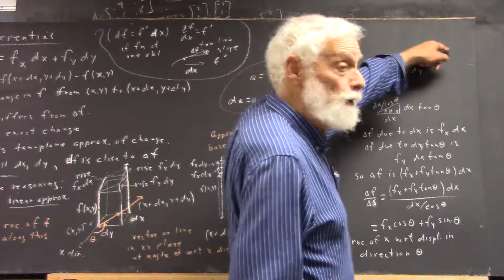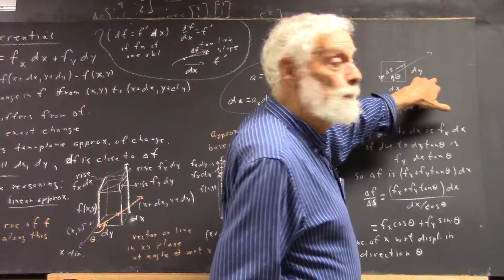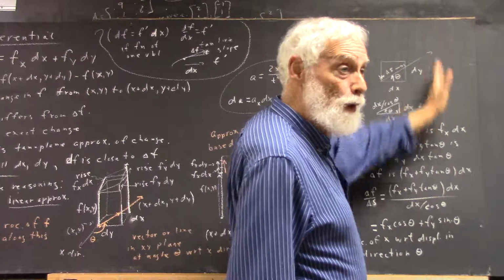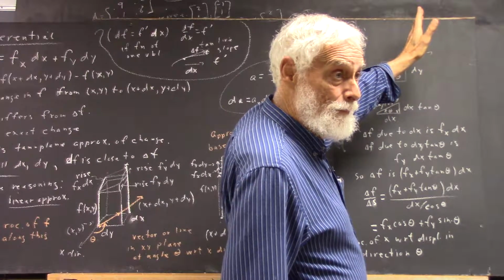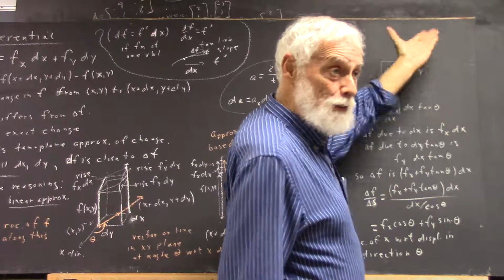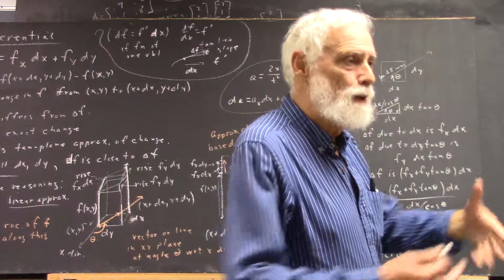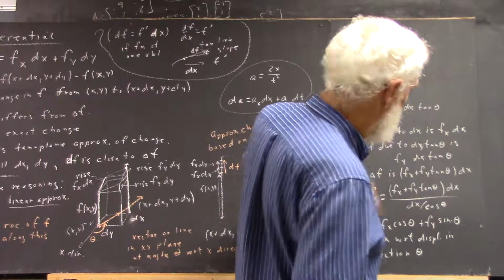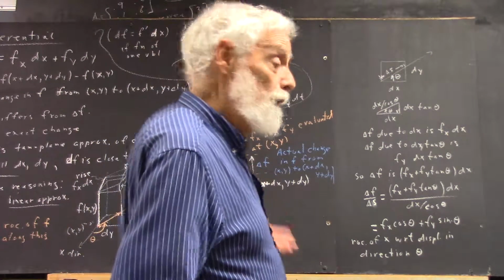If you got any displacement here, well, that displacement has an x component that's delta s times the cosine of theta, and a y component that's delta s times the sine of theta, right? Well, if you multiply Fx by this and Fy by this, you get the total change. I could have done it that way, but I'm going to kind of leave it to you to do it that way. This is a little more complicated, that one's a little more obvious, but it works out either way.